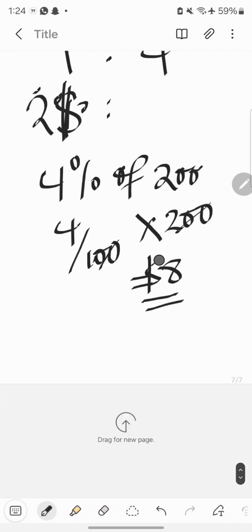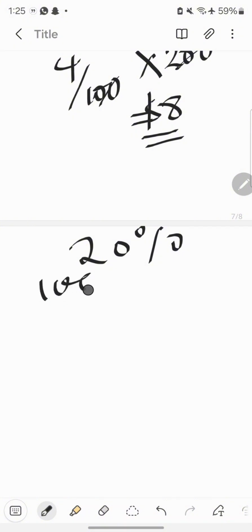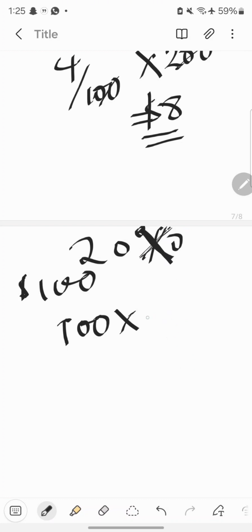So imagine we use 20x leverage. Now if we use 20x, that means with our $100 capital, we have 100 multiplied by 20.